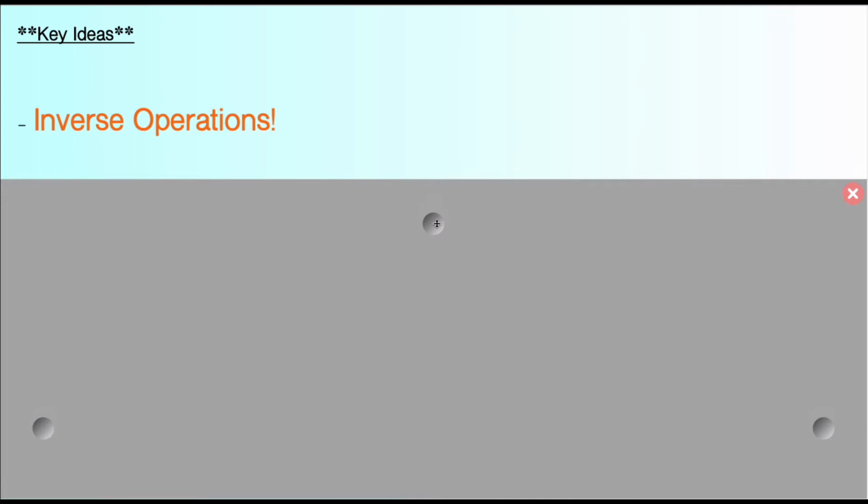And we use inverse operations when we are solving equations. And inverse operations is going to be used in every aspect of math when you are solving. So when you get to Algebra 1, Algebra 2, trig, and beyond, you're going to be using the concept of inverse operations. So it's a good idea to try to internalize what this means now.